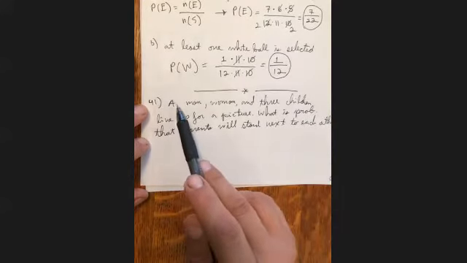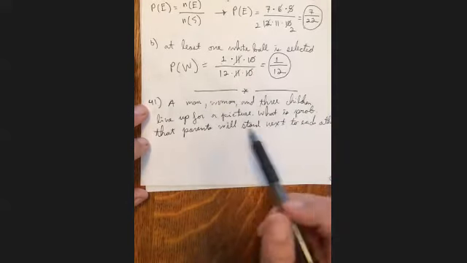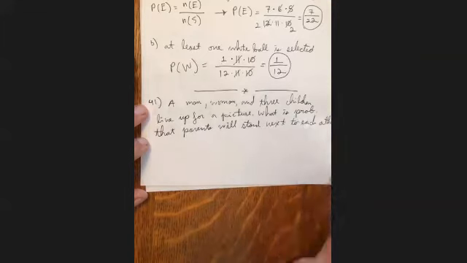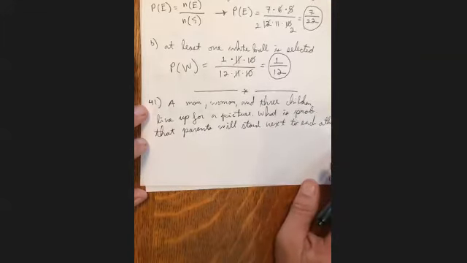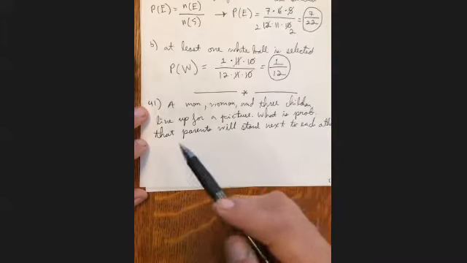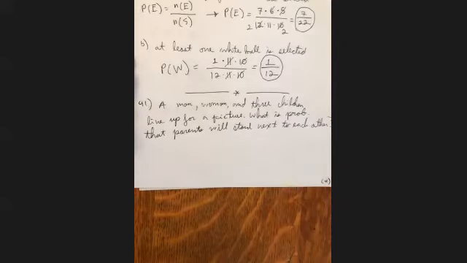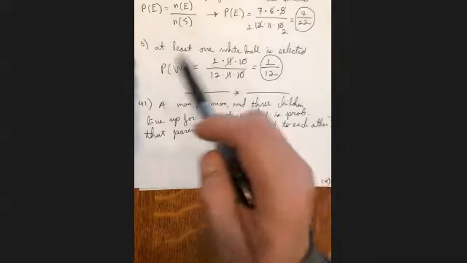So we're told that a man, a woman, and 3 children, so let's just say a husband, a wife, and their 3 kids, line up for a picture. What is the probability that they line up in such a way that the parents will stand next to each other? We want to figure out this probability. In terms of the formula, we're going to use the same formula we used before.